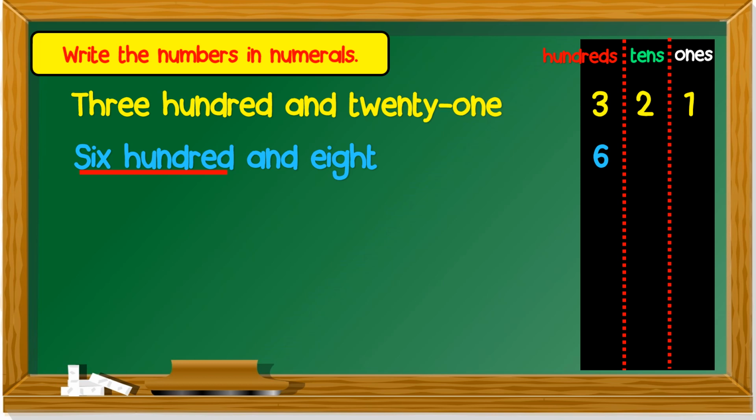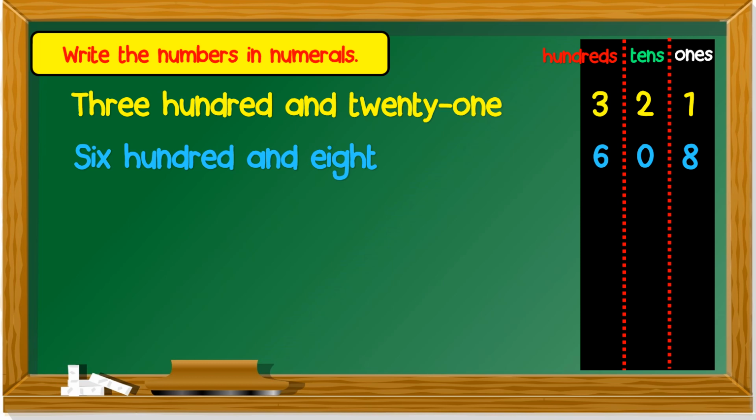So we write 0 in the tens column. How about ones? Yes, 8. So we write 8. 608 in numbers is 608.